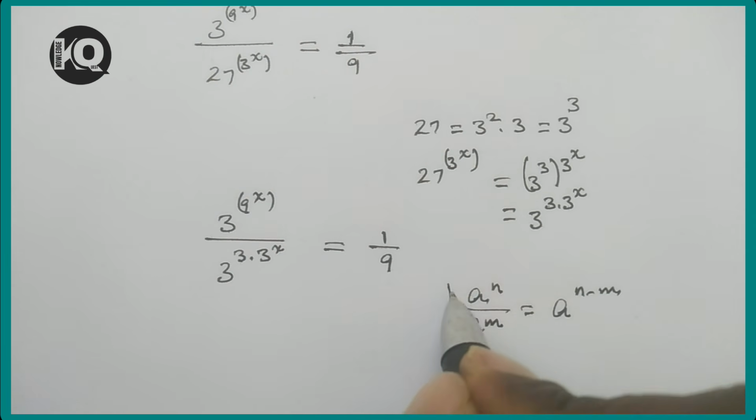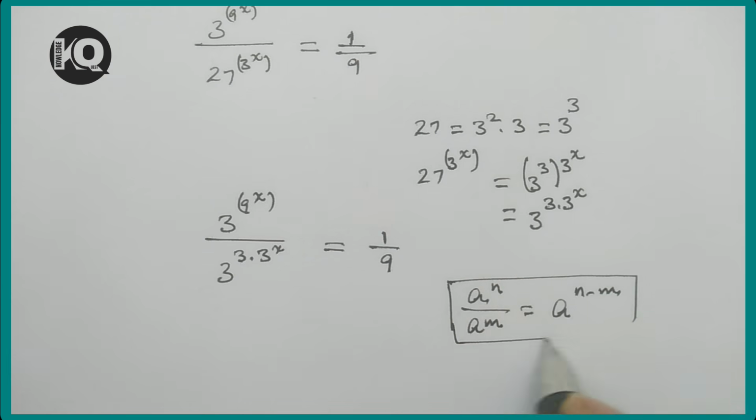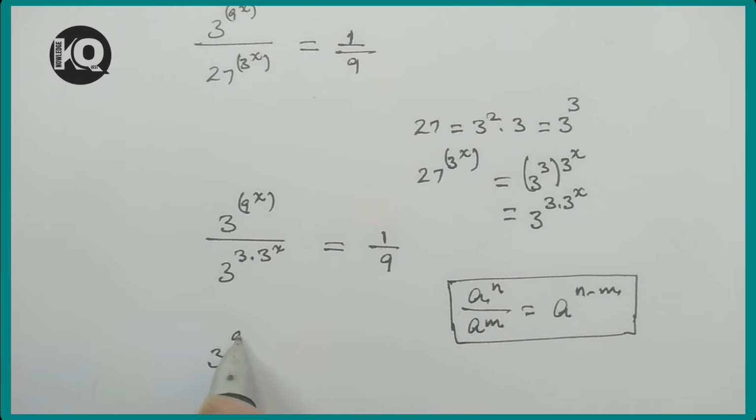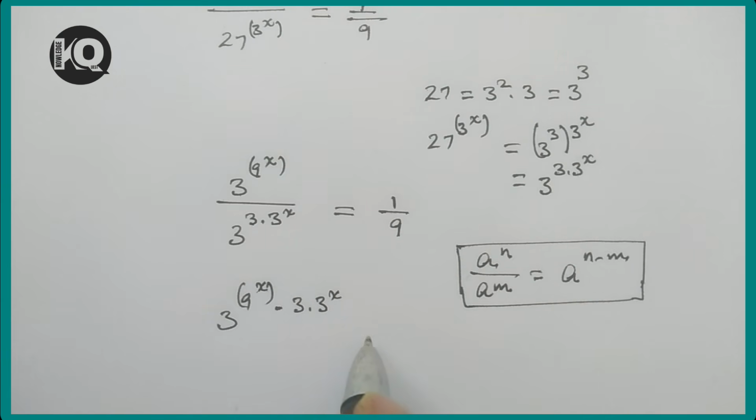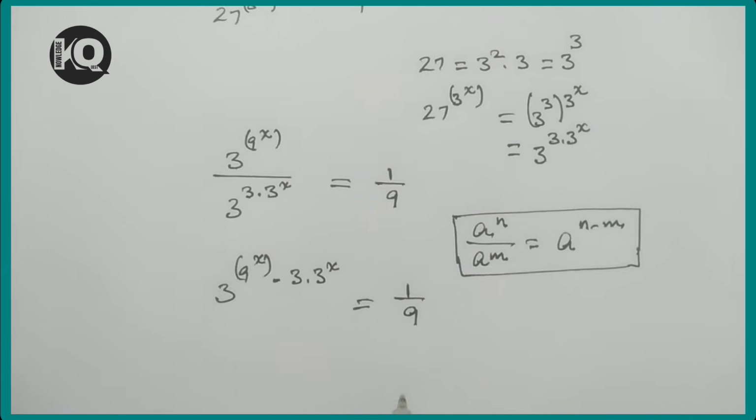So applying this rule to our problem, this is 3^(9^x minus 3 times 3^x), which is equal to 1/9.